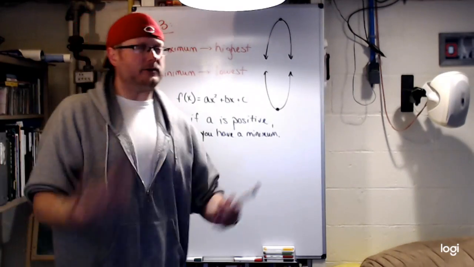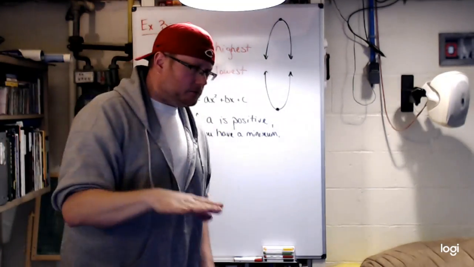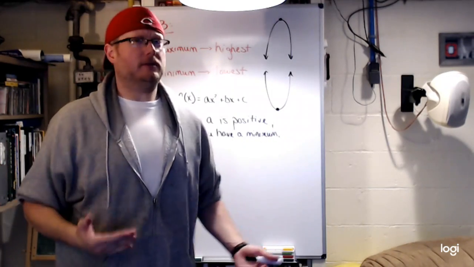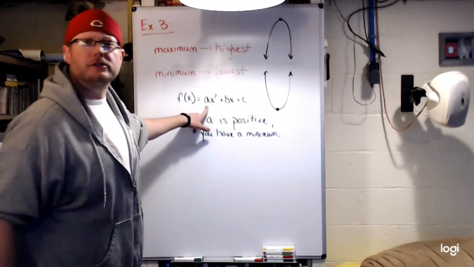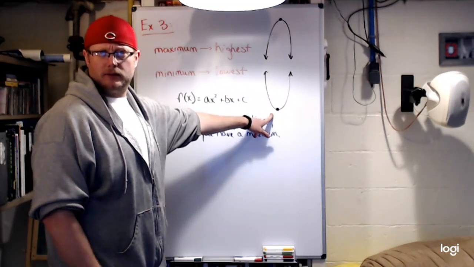And I know that kind of seems counterintuitive, right? When we're thinking positive, we don't think minimum. We don't think small. We think positive with maximum, but it's opposite in this case. When your leading coefficient is positive here, you're going to have a minimum. You're going to have a parabola that looks like this. Okay?